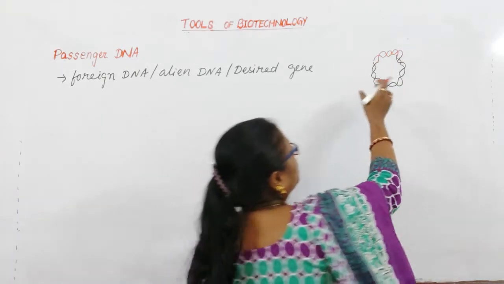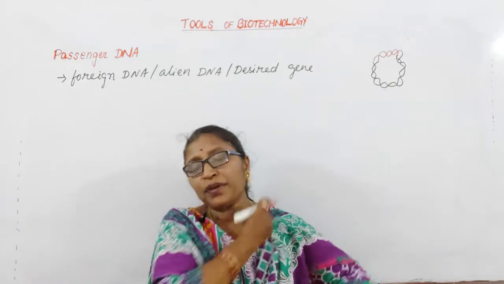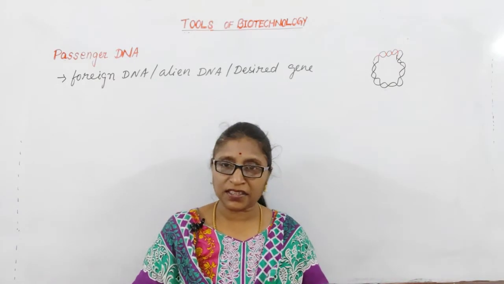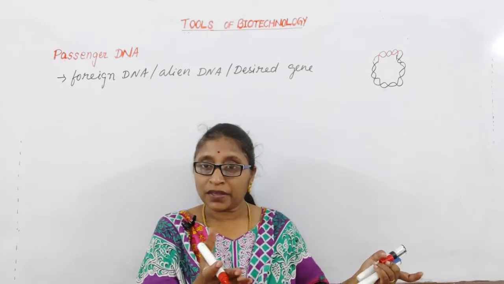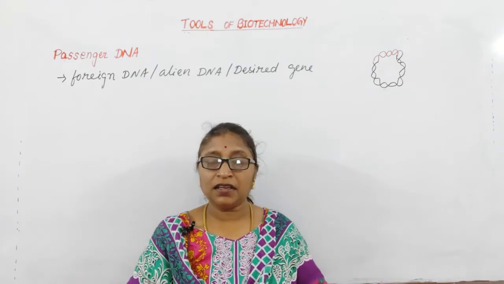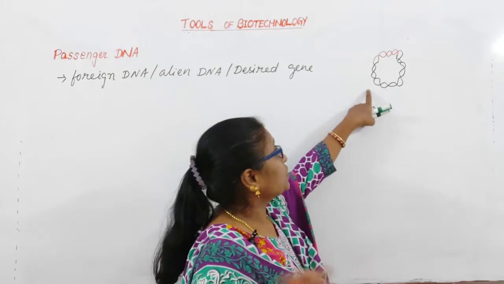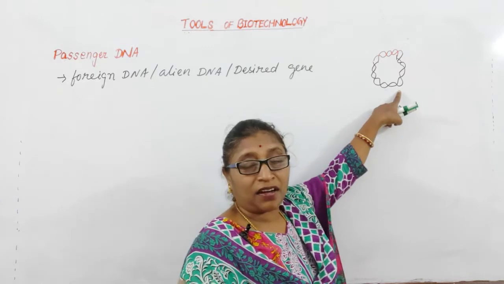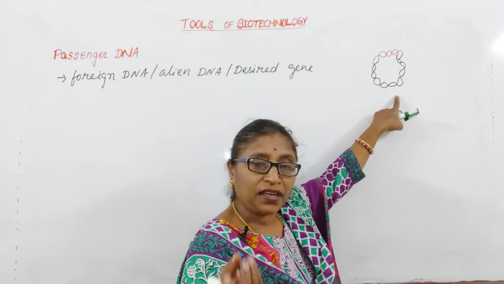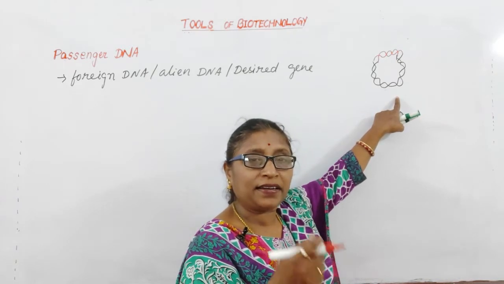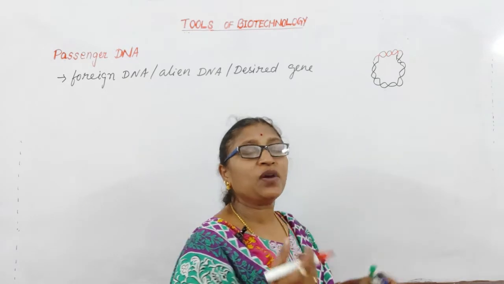Okay. So the vehicle DNA carries, vehicle means it carries the passenger. So it is a transport, as we use the vehicles, the bus, car, motorcycle, motorbike, etc. So if it is the vehicle, already we have discussed different types of cloning vectors. For cloning, it takes the desired gene and it is capable to replicate itself within a host cell.